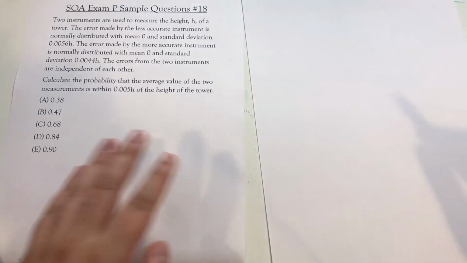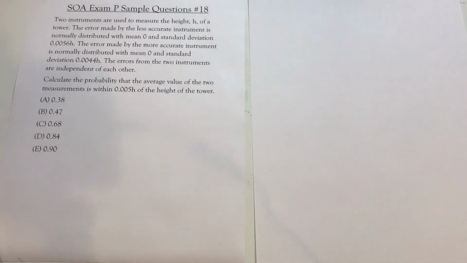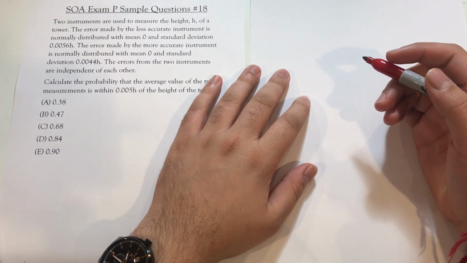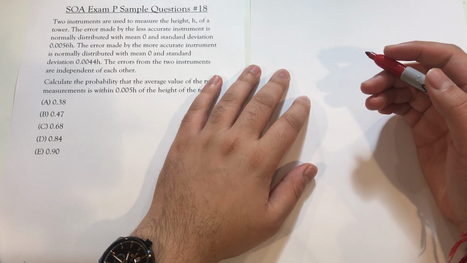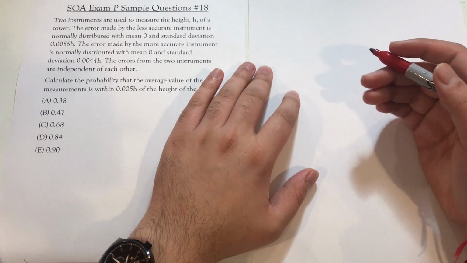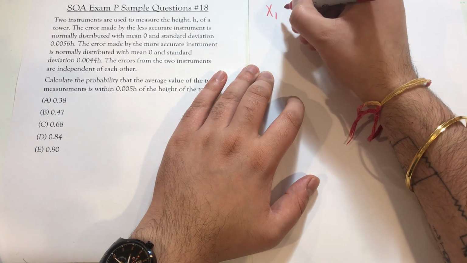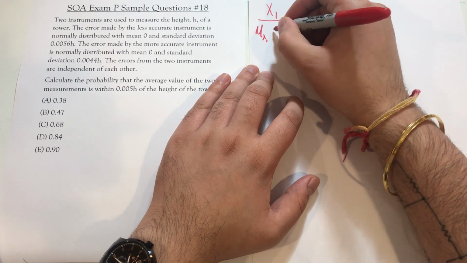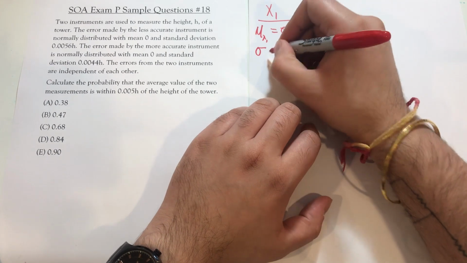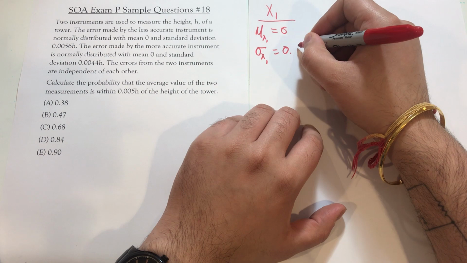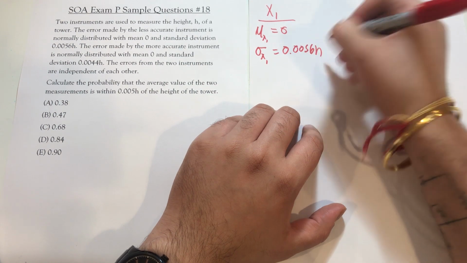So it says two separate instruments, which I'll just say X1 and X2. And it says the less accurate instrument, X1, has a normal distribution with mean 0, standard deviation 0.0056h. So the mu of X1 is equal to 0, and the standard deviation of X1 is equal to 0.0056h.